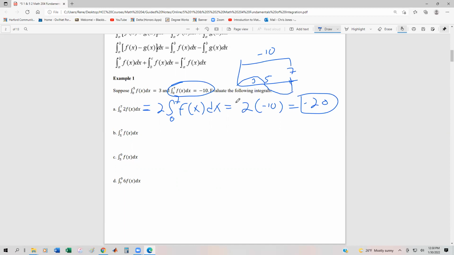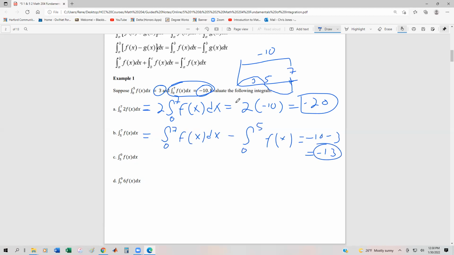So we can split that up, and say this is equal to the integral from 0 to 7 of f of x dx. And then we want to subtract out something, so we could say minus the integral from 0 to 5, because that would just leave us with 5 to 7 of f of x dx. In this case, we already know that's negative 10 minus 3, and that's going to be negative 13 for us.